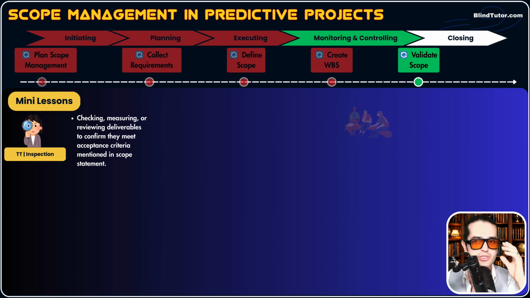Step 3 of inspection is that stakeholders compare actual results with the acceptance criteria mentioned in the scope baseline. Guys, in the planning phase, remember? We developed documents called the scope statement, WBS, and WBS dictionary, which we combined, and the scope baseline is created, okay? Now, the scope baseline or scope statement has a section called acceptance criteria.